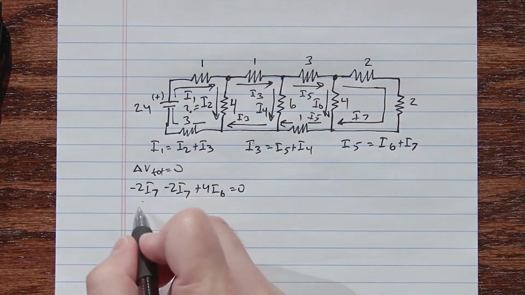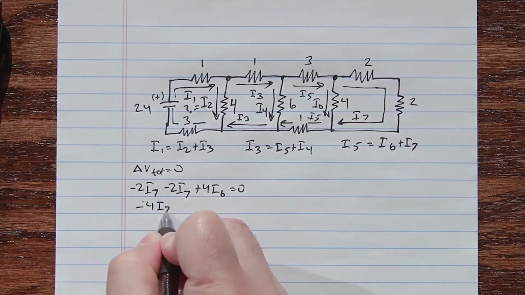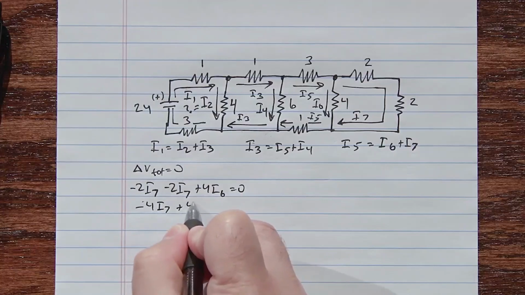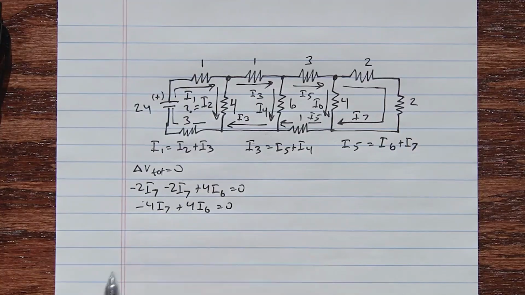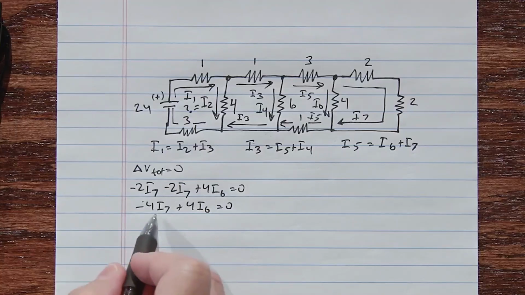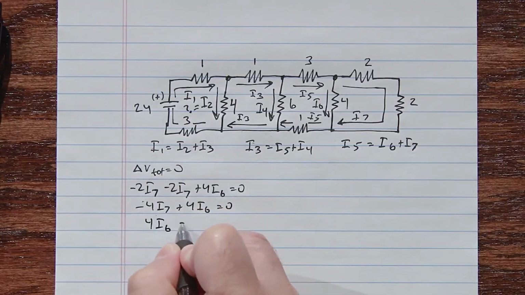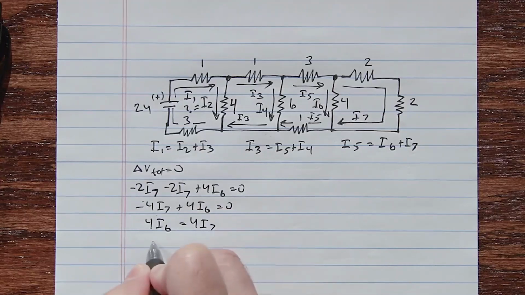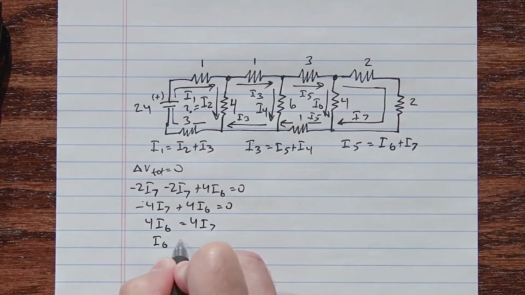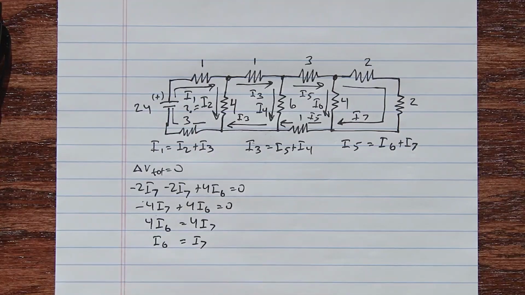So I have minus 4I7 plus 4I6 is equal to 0. I will add 4I7 to both sides, and I have 4I6 is equal to 4I7, or I6 is equal to I7.